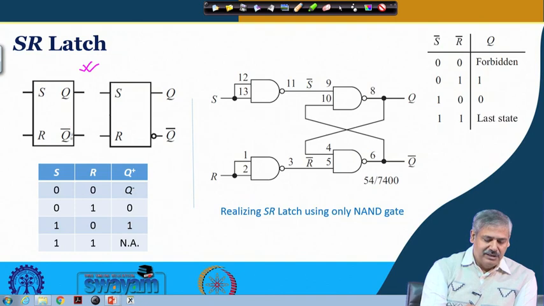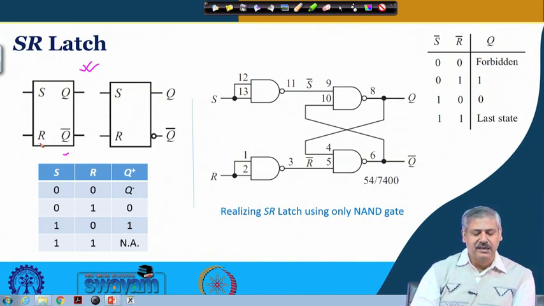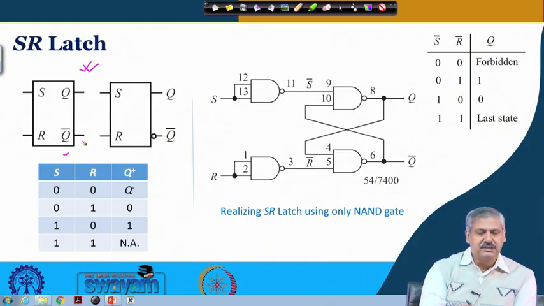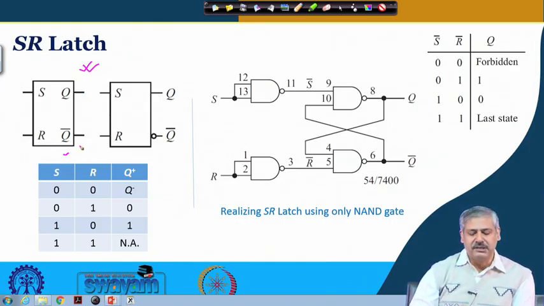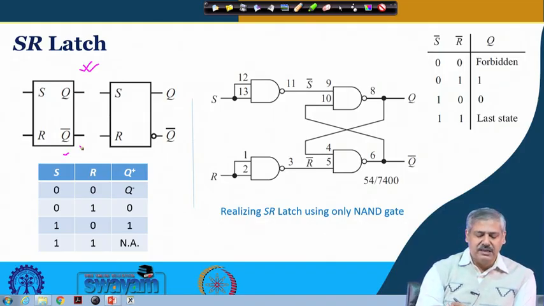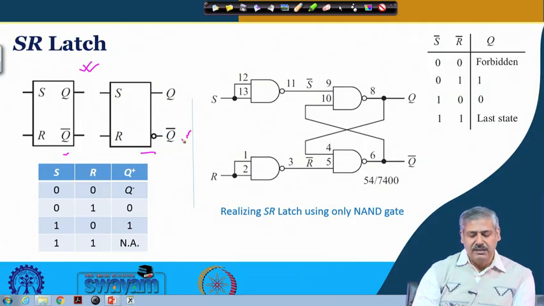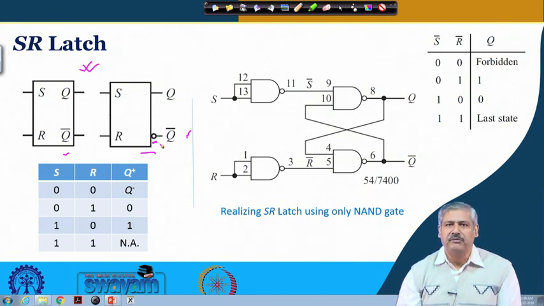In one case, Q and Q bar are put inside, and in both cases SR is there. This is Q and this is the invert of it, as we have seen in the allowable cases. In another representation, Q and Q bar are kept outside, but now there is an inverter bubble, a NOT operation, showing that whatever the value here, it is opposite there. So, these are the two conventions you will find in the textbook.